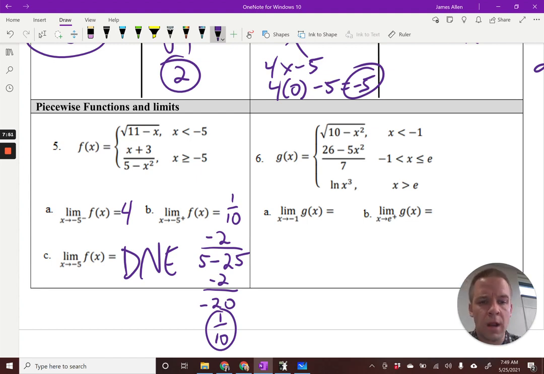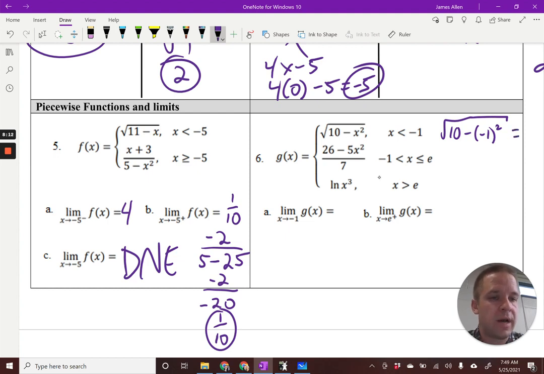Cool. All right. So the next one is the limit as x approaches negative 1 of g of x. So when it approaches negative 1, I do need to check it from the left and from the right for it to exist. So let's check the first with the top one here. I'd have the square root of 10 minus negative 1 squared. This is the limit from the left side.